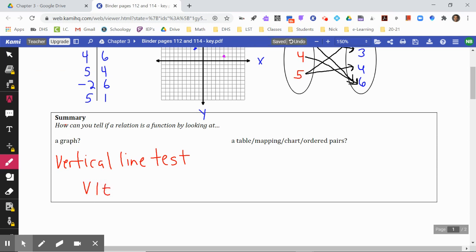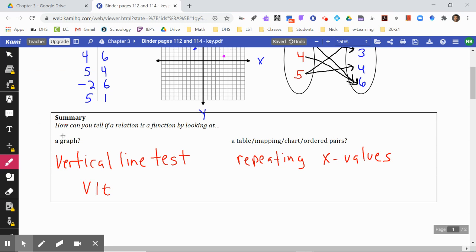So that's how we're going to tell from a graph. And if we're looking at a table, a mapping chart, or ordered pairs, we're looking for repeating x values. Are there any repeating x values or inputs or domains? And if so, not a function. All right, so we're going to move on here.